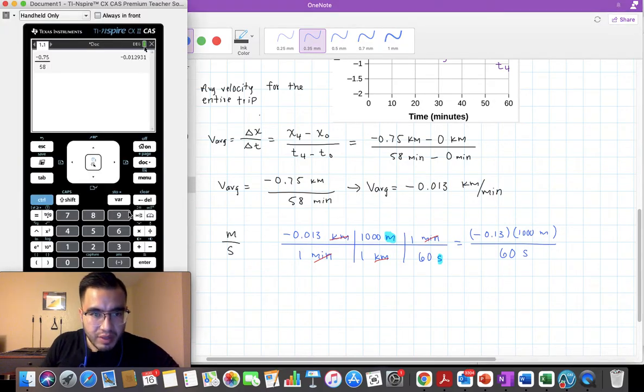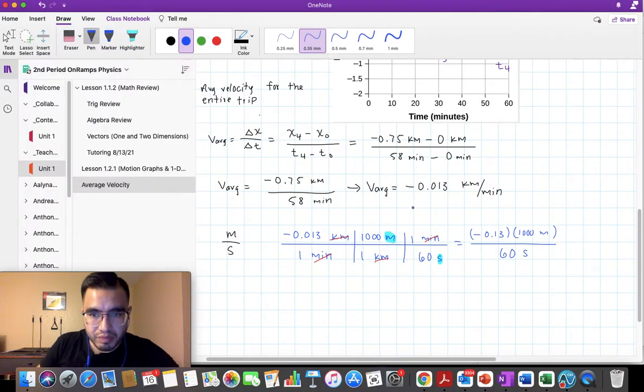So negative 0.013 times 1,000 divided by 60 is negative 2.17 meters per second.